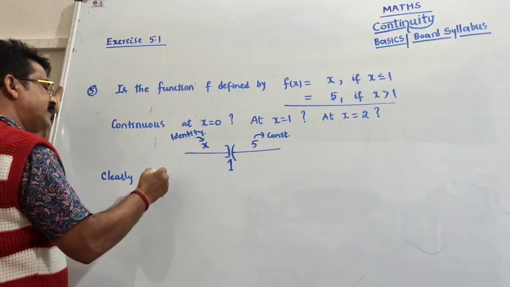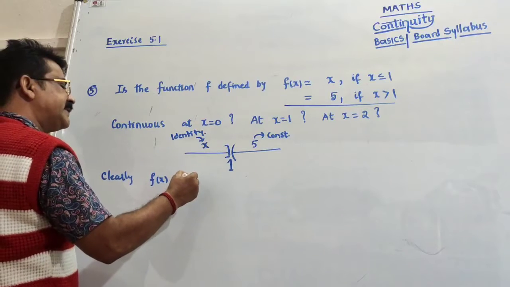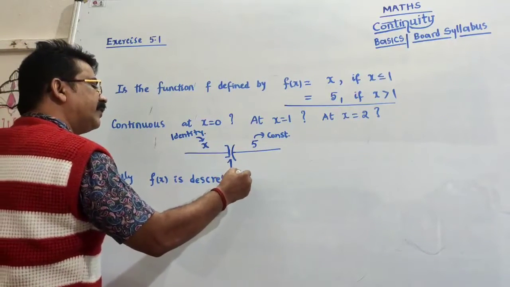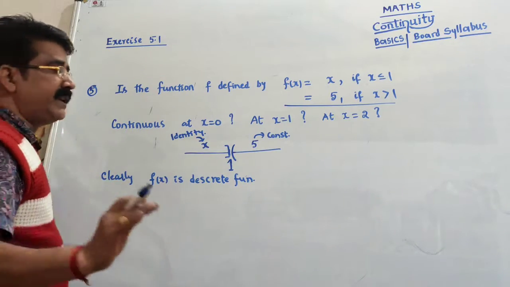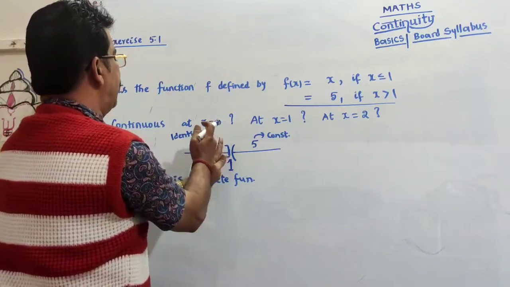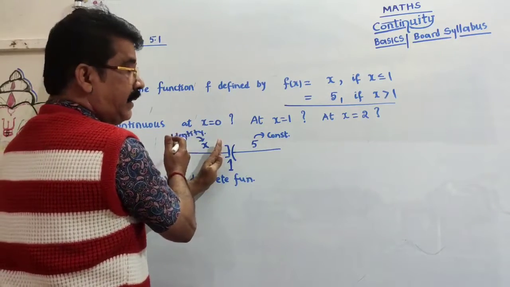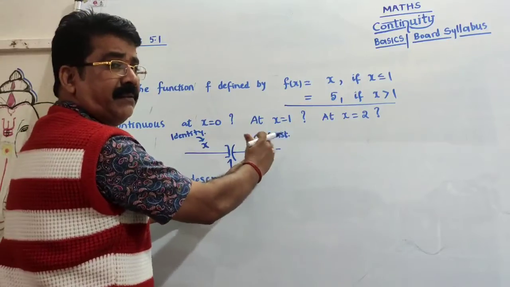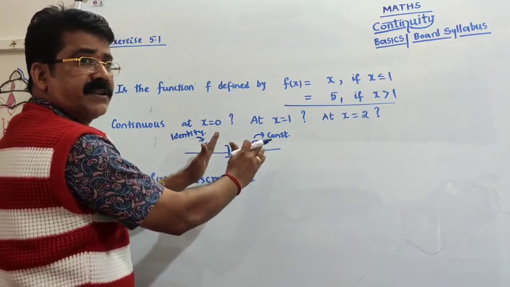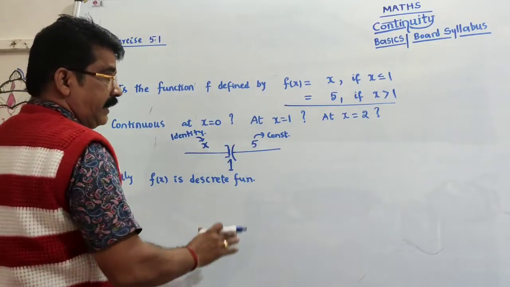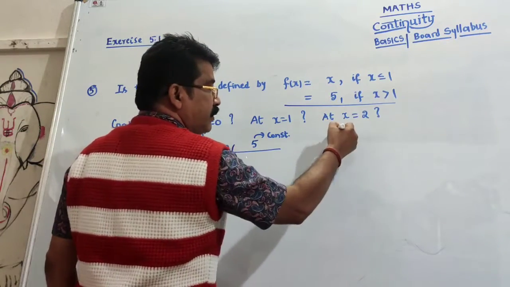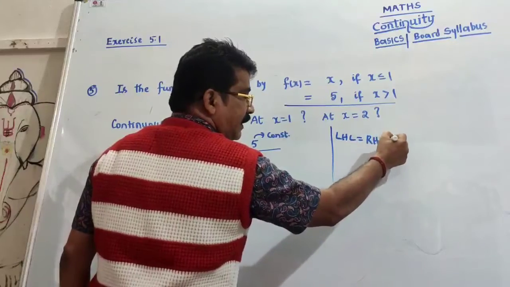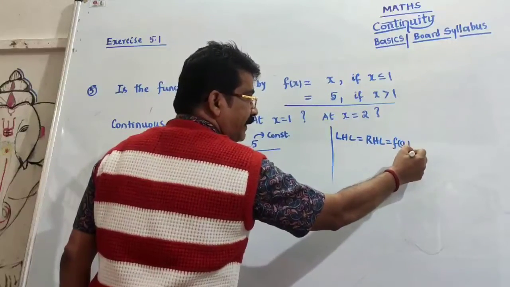So clearly f of x is a discrete function, meaning in some area it is defined as x and in another area it is defined differently as 5. This kind of function is called a discrete function. In such a case, we apply LHL, RHL, equal to f of a.